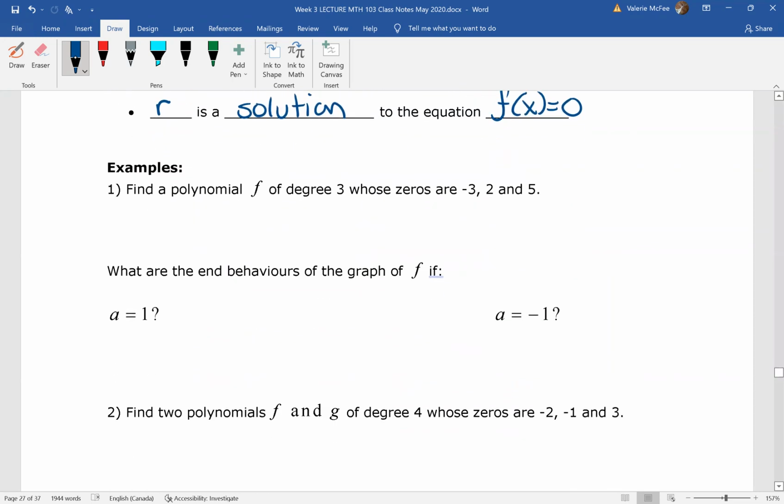So let's look at a couple of examples. We want a polynomial of degree 3 given these zeros: -3, 2, and 5.